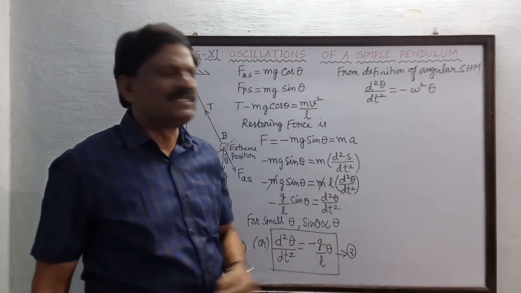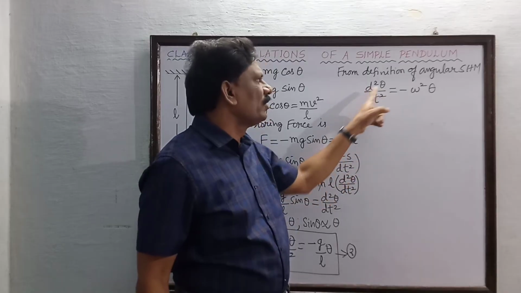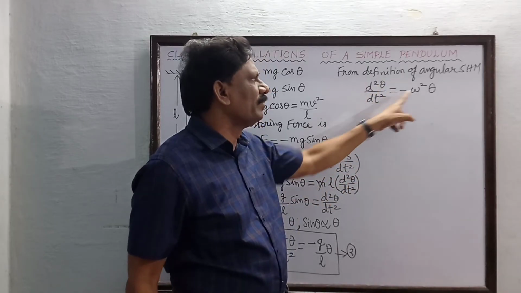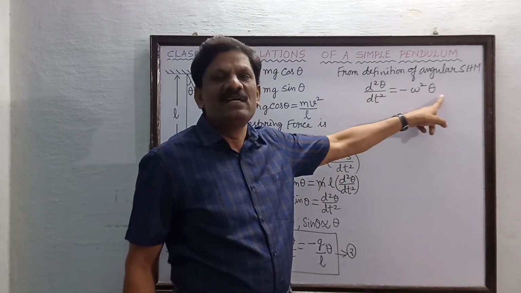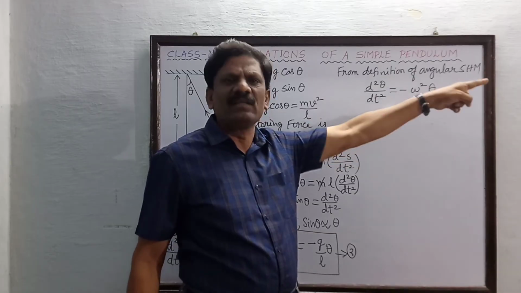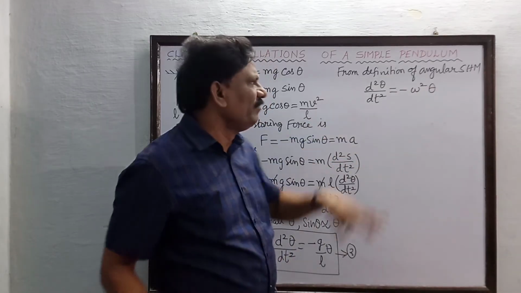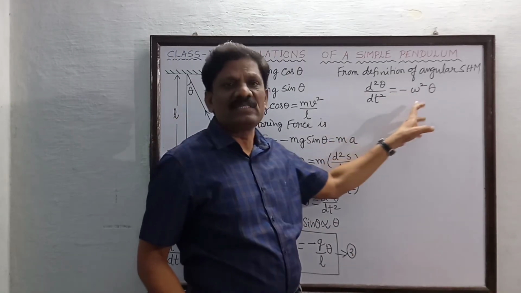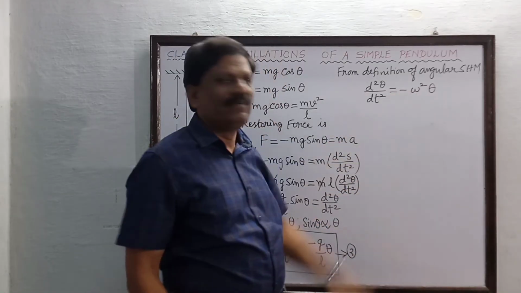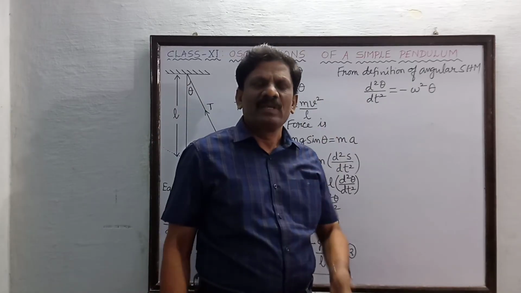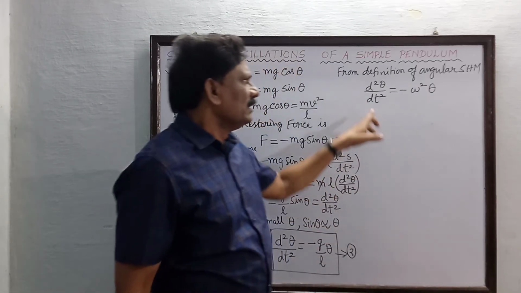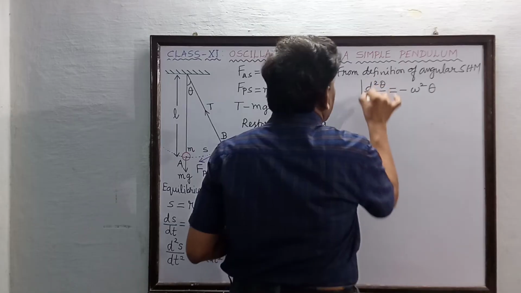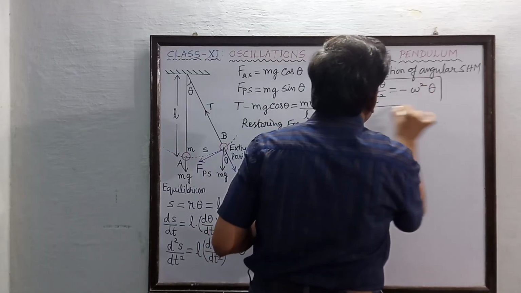In linear SHM, we wrote d square x by dt square is equal to minus omega square times x, where x is the linear displacement along the horizontal. Similarly, d square y by dt square is equal to minus omega square times y, where y is a vertical displacement along the y-axis. So this is angular SHM, equation number 3.